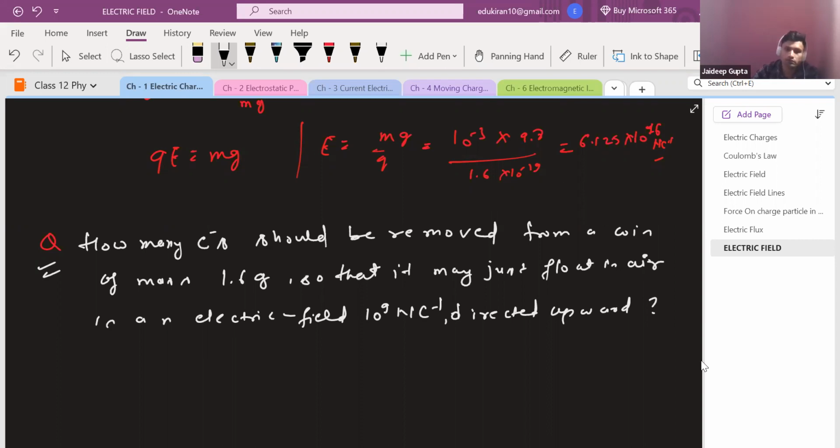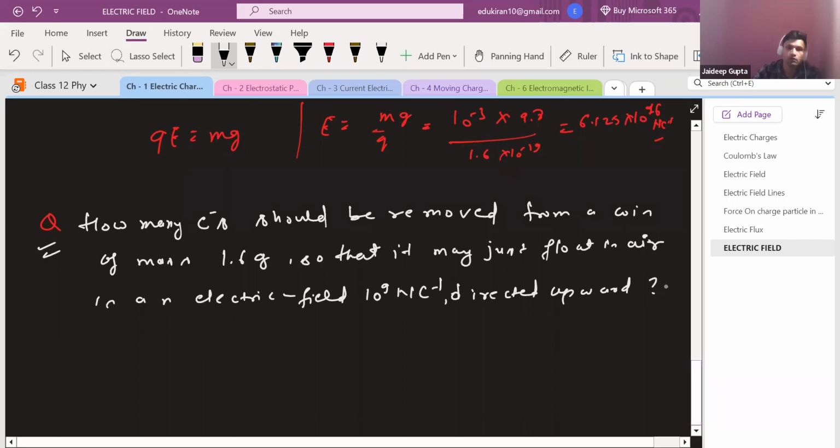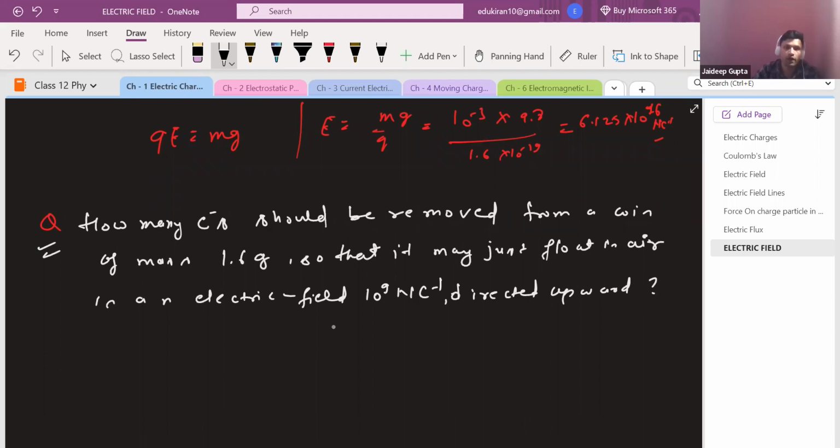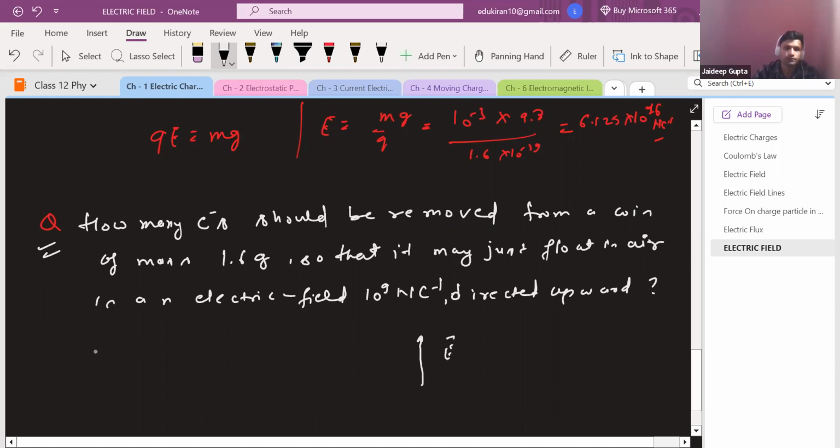Look here, how to do? The question is saying how many electrons should be removed from a coin of this mass so that it may just float in air in an electric field directed upward. So the electric field is acting in the upward direction. This is a coin having some mass. So mg will act in the downward direction and QE will act in the upward direction.